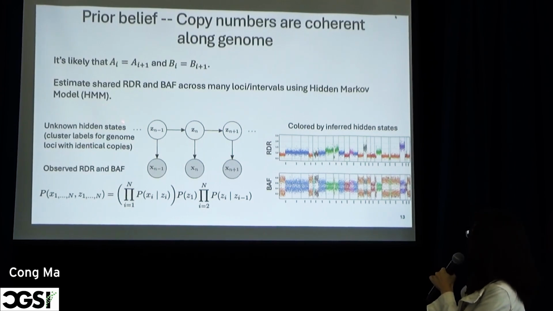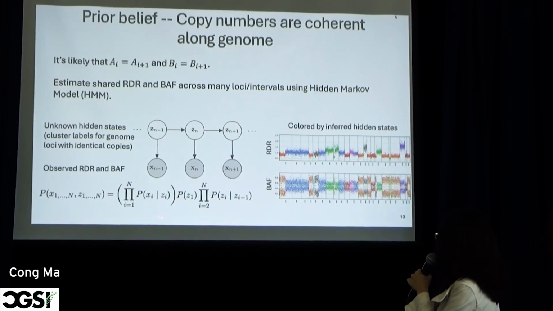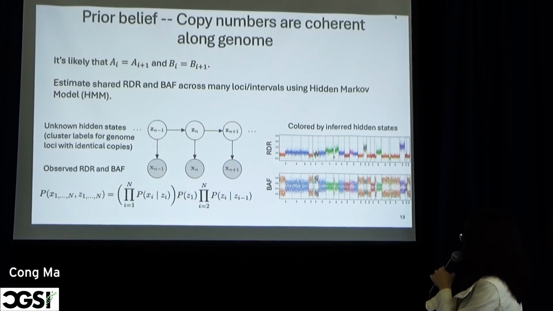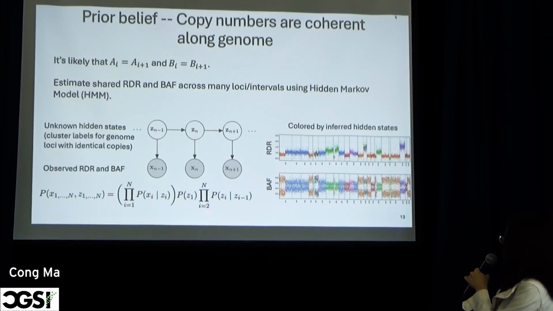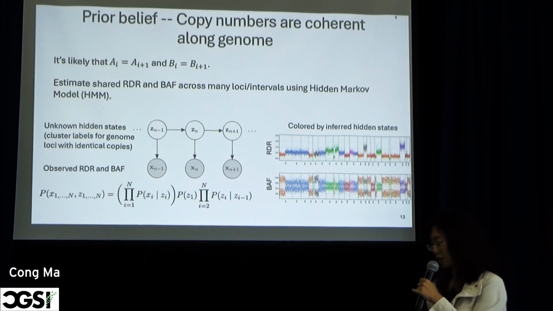And so given this cluster label, all the observed RDR and BAF will share the same parameter, the allele-specific copy number in each cluster, and we're inferring the clustering label and optimizing the observed RDR and BAF together. And we can also impose the cluster label or hidden state to be coherent in the genome.